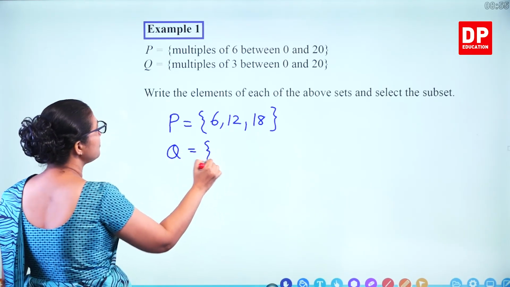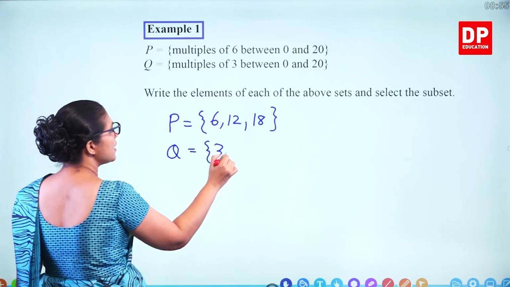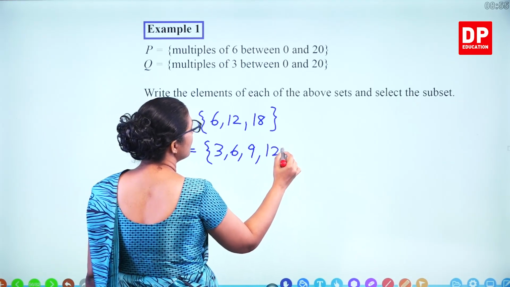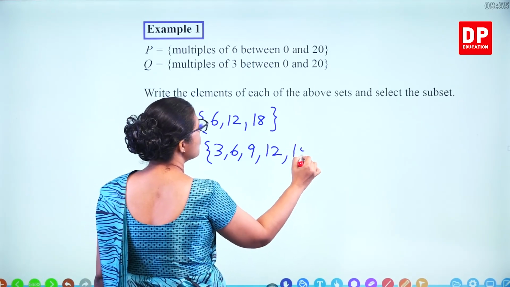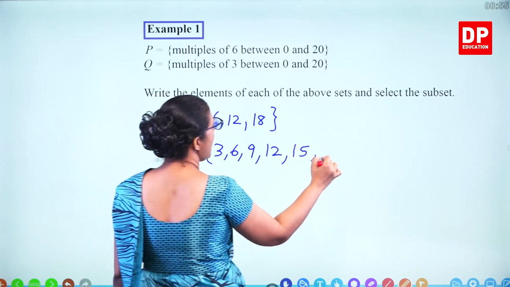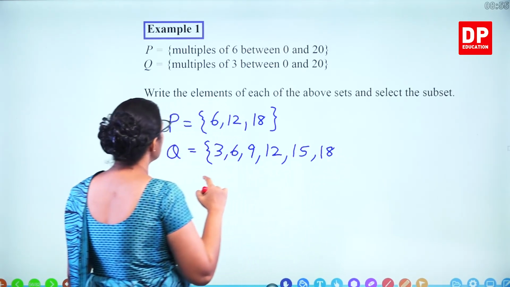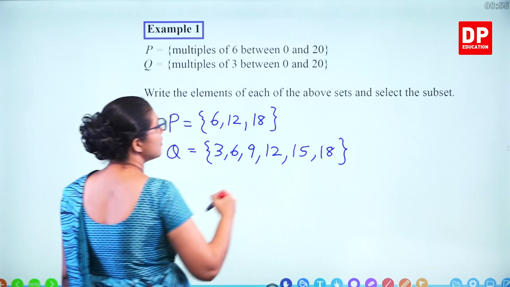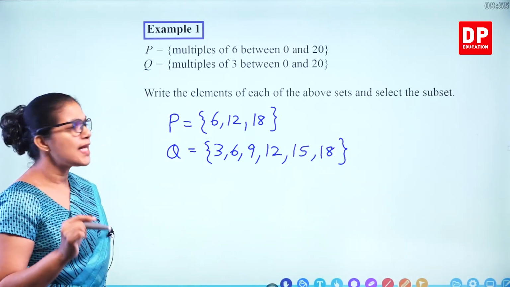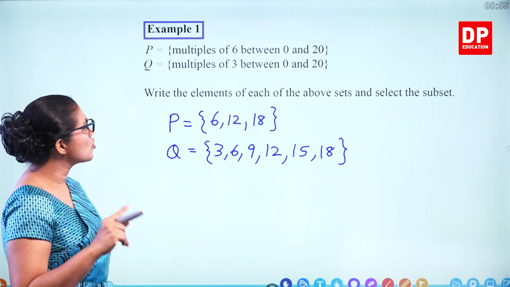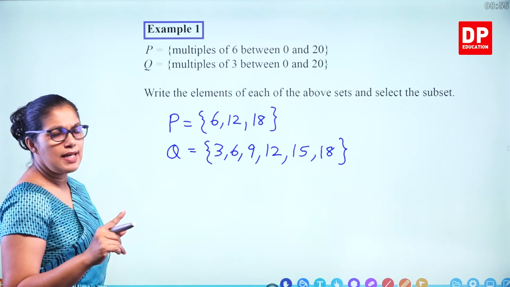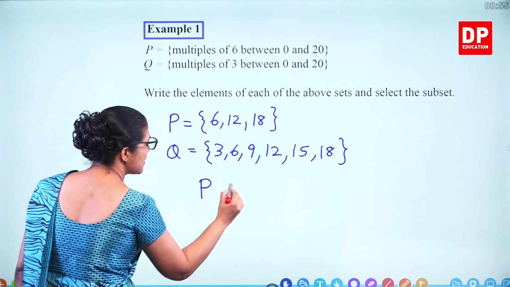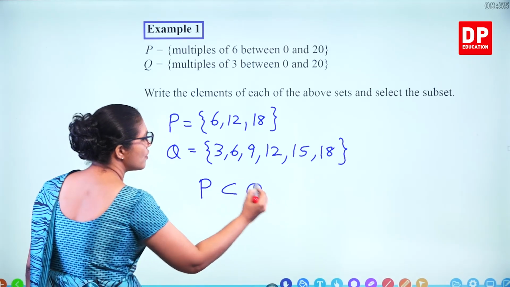Q, multiples of 3: 3, 6, 9, 12, 15, 18. So you can't write 21. So which one is a subset? We can see 6, 12, 18 belongs to Q as well. So P is a subset of Q.